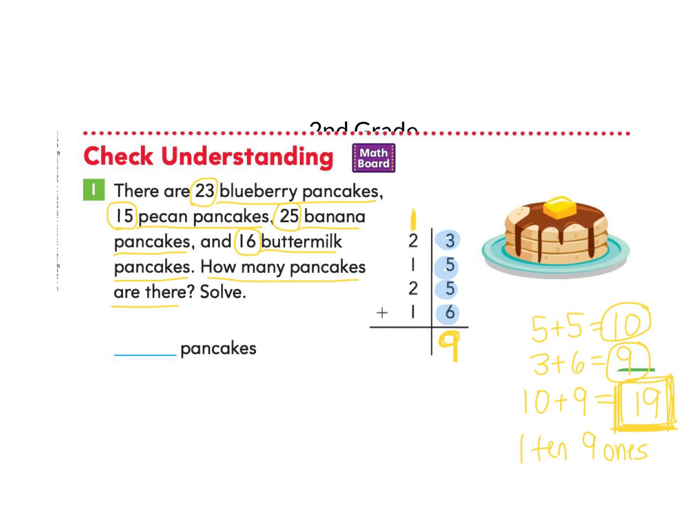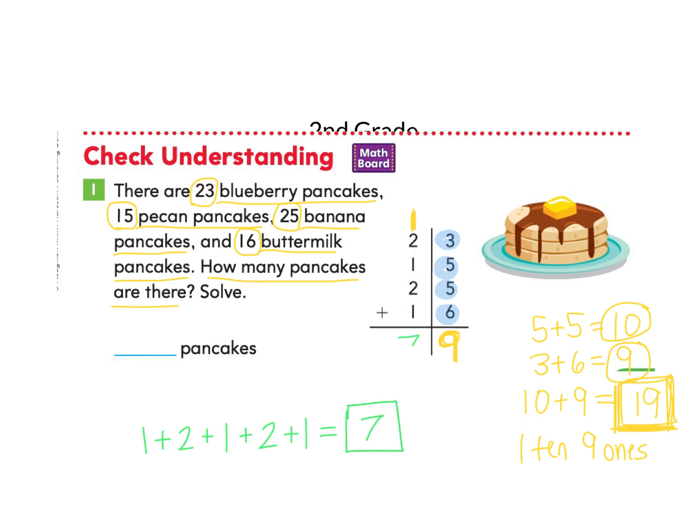All right, now I'm going to take a look at my tens column. I notice I have 5 numbers, 1, 2, 1, 2, 1. I'm going to add 1 plus 2 plus 1 plus 2 plus 1 for my tens. When I add all of these numbers together, I get the number 7.